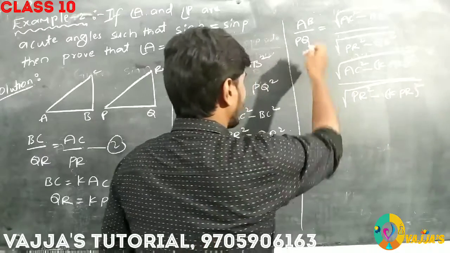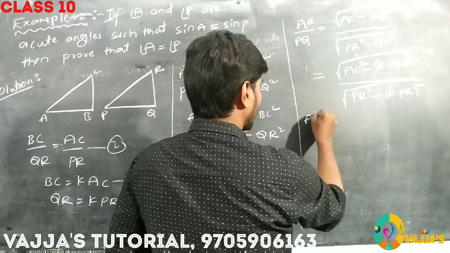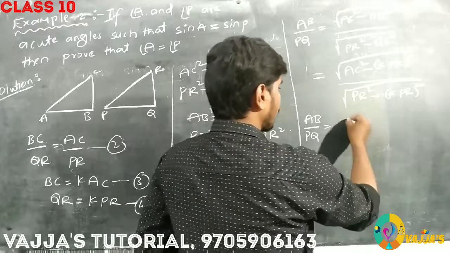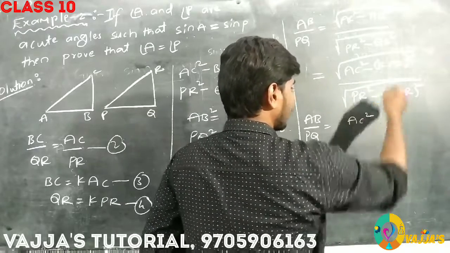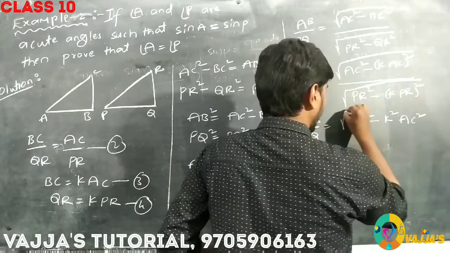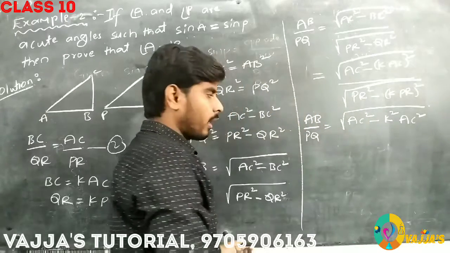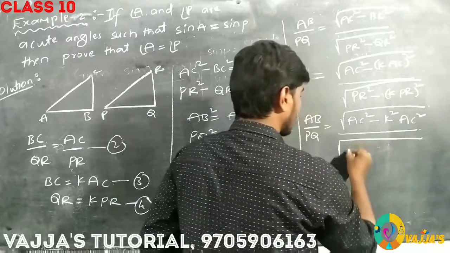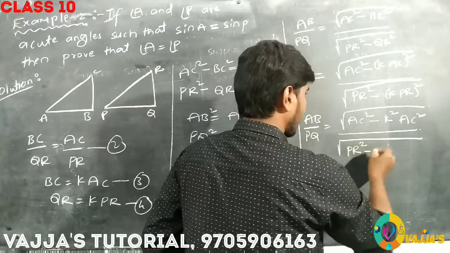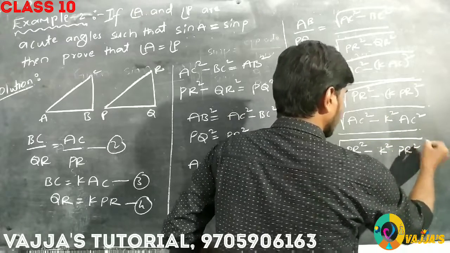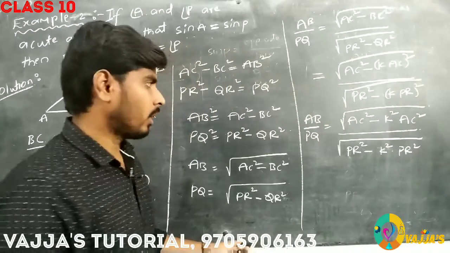This AB by PQ as it is. In the next step, AB by PQ equals, look here, AC square minus K square AC square, isn't it? By the root of PR square minus K square into PR square.